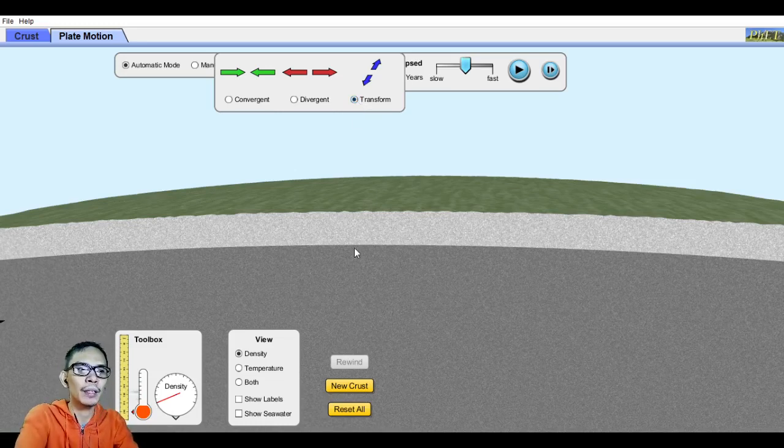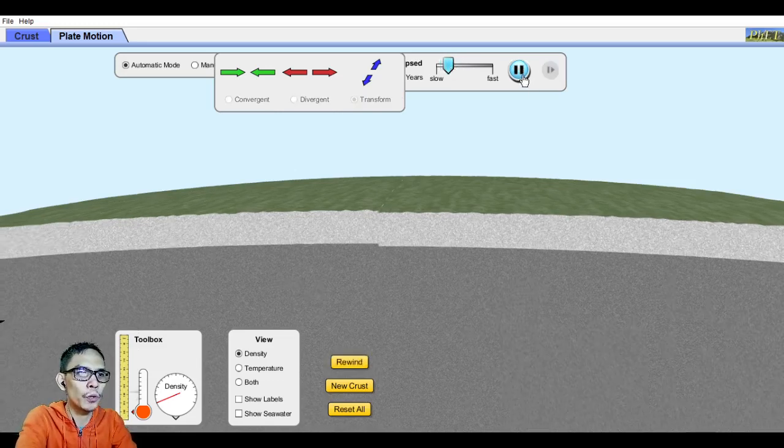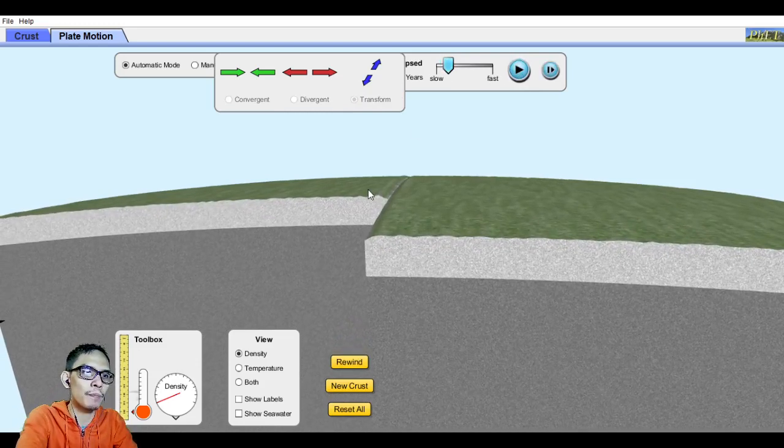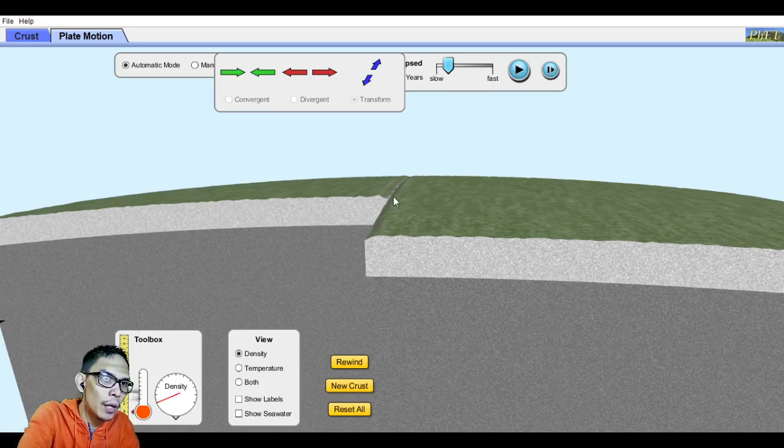The one that you have right here is a transform plate boundary. Let's put it in slow mode. As you can see here, the two continental crusts slide past each other. There's a portion of the plate at the middle of this simulation that is being destroyed as they grind past each other.